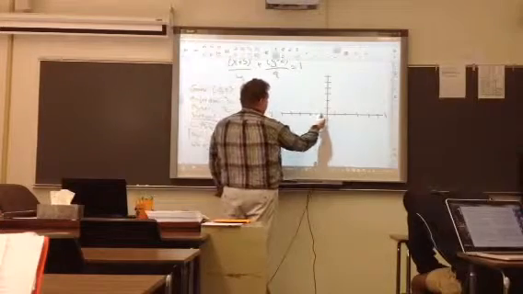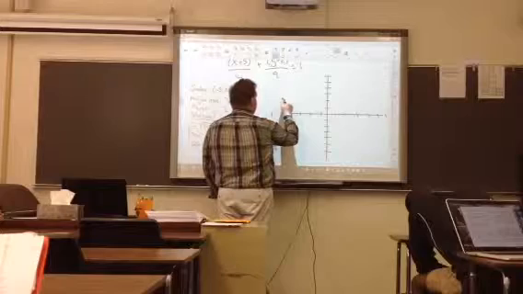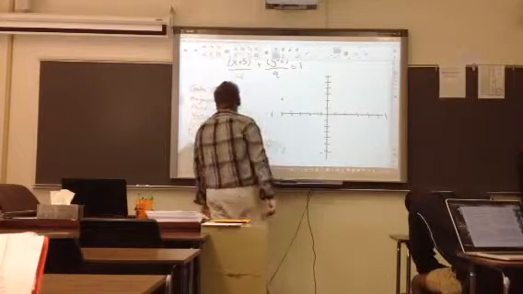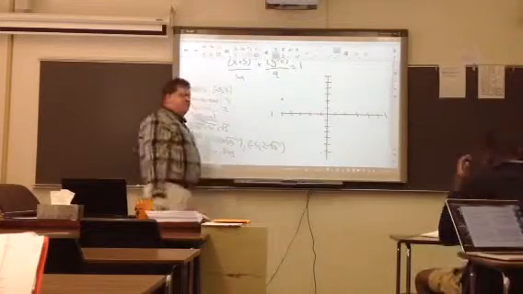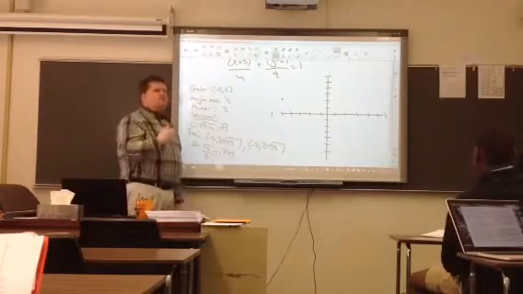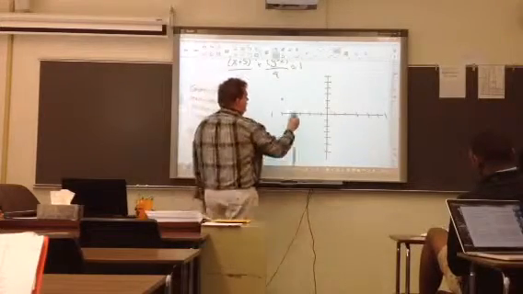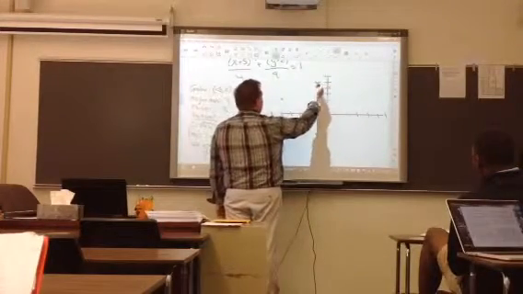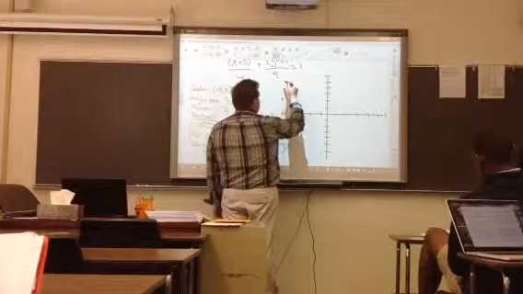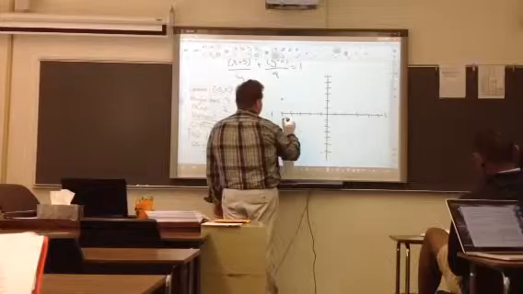So go over negative 5: 1, 2, 3, 4, 5. So we should be right there. Our major axis is 3 in the vertical direction. That means my vertices along the vertical direction will be 3 up and 3 down from that point. So 3 up would be 1, 2, 3. We have our first one right there, and our next one, 1, 2, 3, down here.